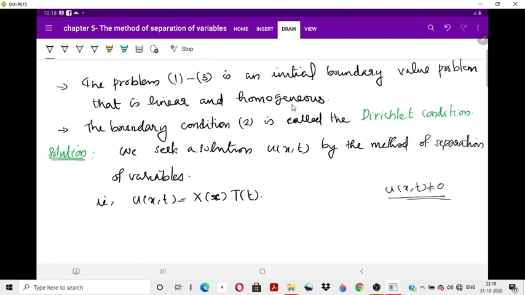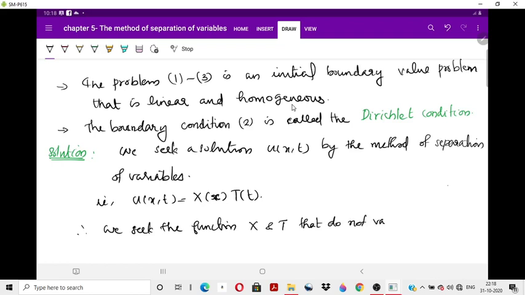Therefore we seek the functions X and T that do not vanish identically. Let this be equation number 4.